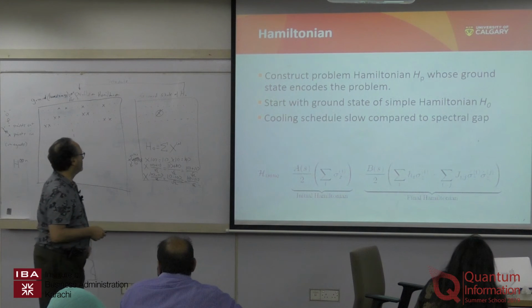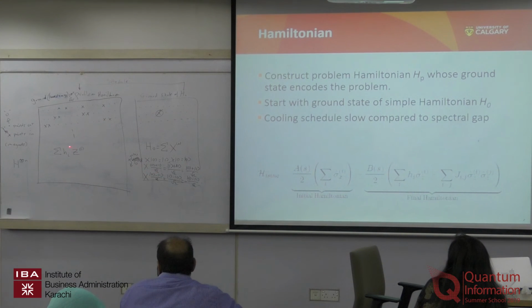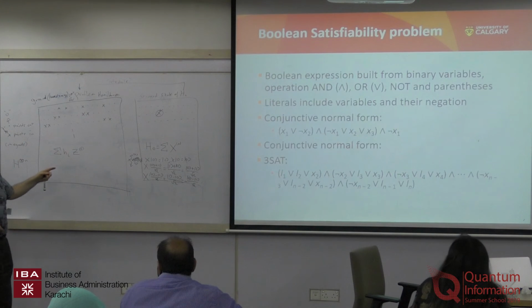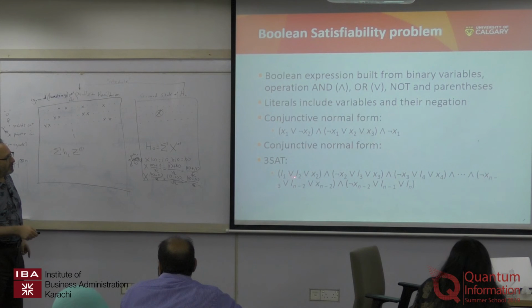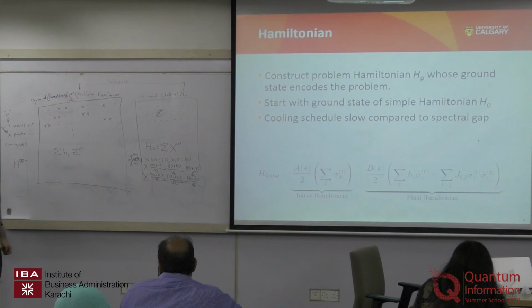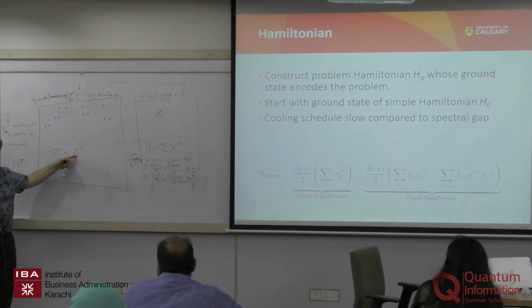So in this case, I wrote it here, we have these Pauli operators, okay? In the satisfiability problem, we have literals that can have the value 0 or 1. When we map it to the quantum domain, we get an operator whose spectrum or eigenvalues can be 0 or 1.